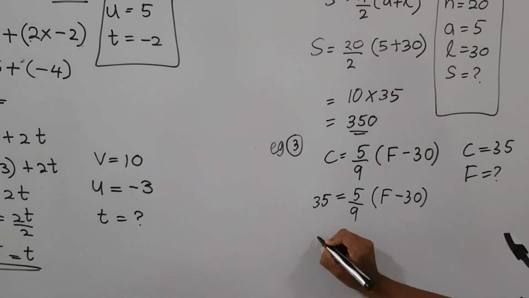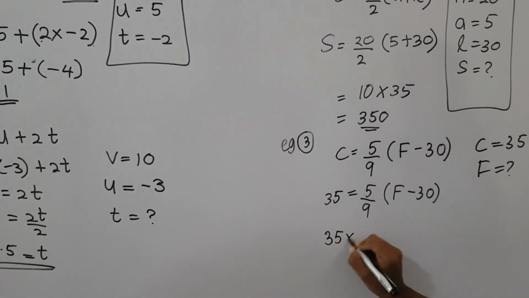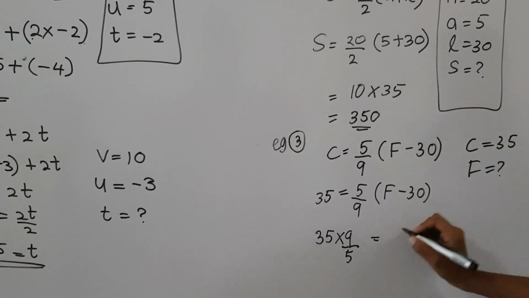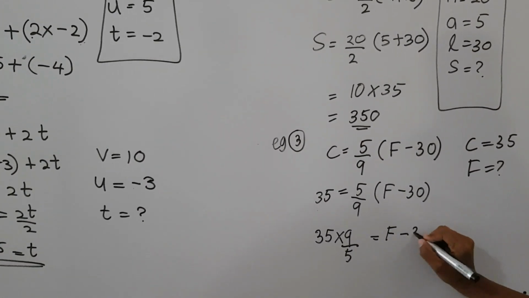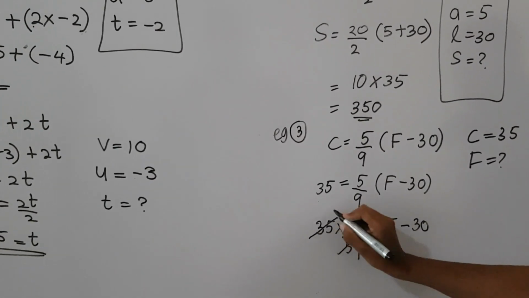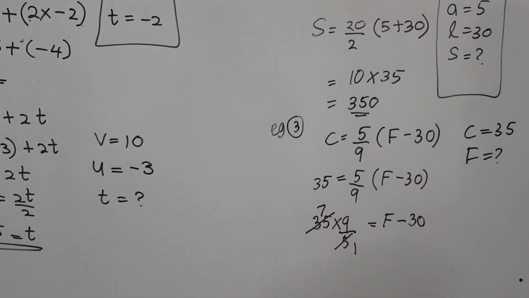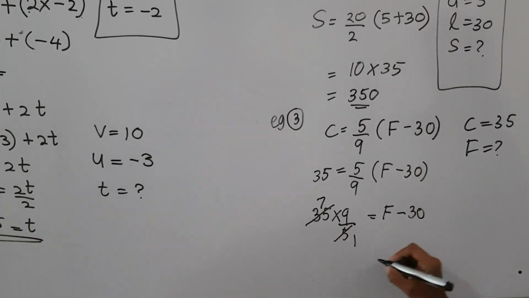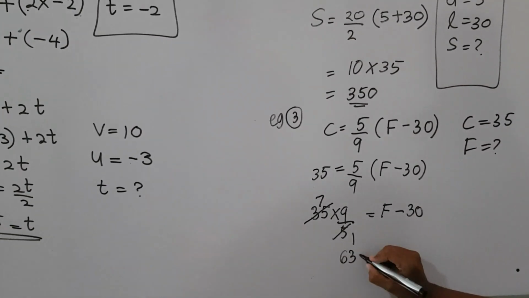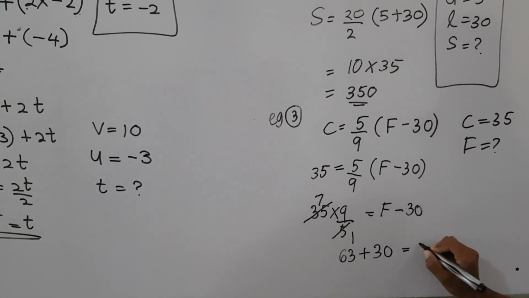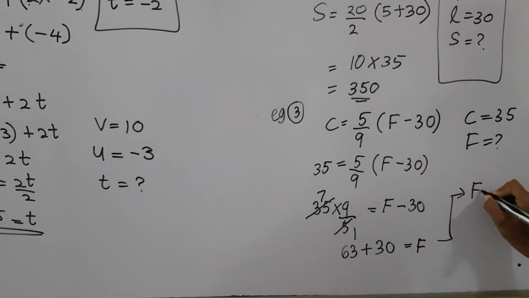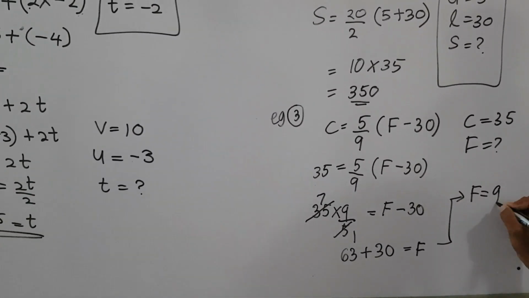Together we can do a reciprocal. 35 into 9 over 5 is equals to, now the brackets will open, F minus 30. So 5 times 7 is 35, and 7 times 9 is 63. So 63, and now bring this minus 30 to the other side, plus 30 is equals to F. Therefore we can say F is equals to 93.